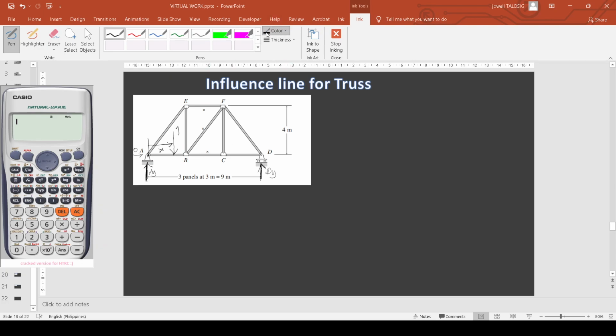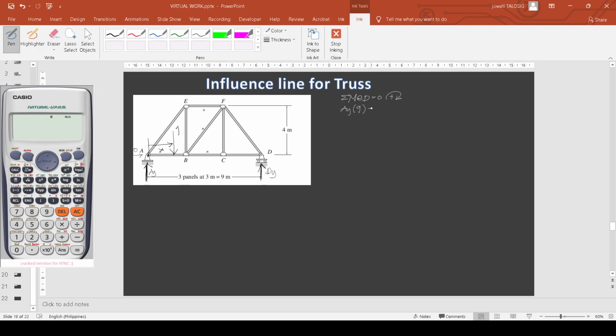First, we need to solve for AY, the equation for AY. So let's take moments. Let's have the moment at D equal to 0, positive clockwise. So AY times its moment arm, 9, positive.